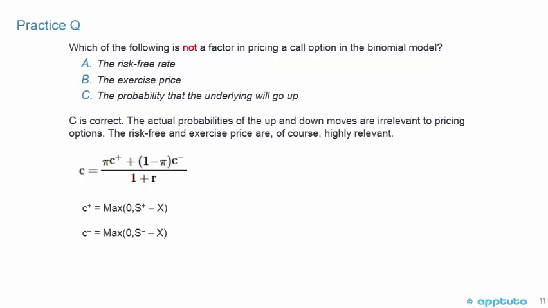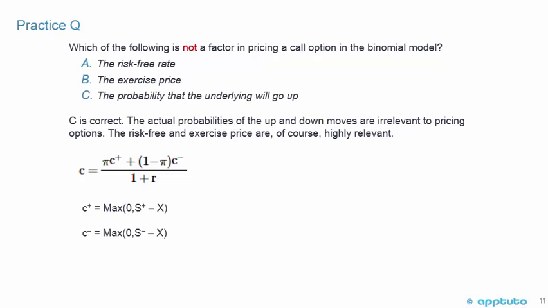So I put there the call: the price of the call is the risk-neutral probability times the value of the call option if the stock price goes up, plus 1 minus the risk-neutral probability times the value of the call option if the stock goes down, divided by 1 plus the risk-free rate, okay? And remember, C plus is the maximum of 0 and the price of the underlying minus the exercise price.